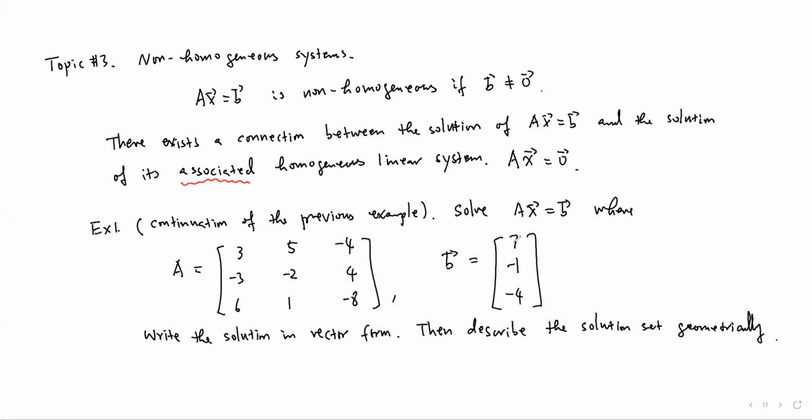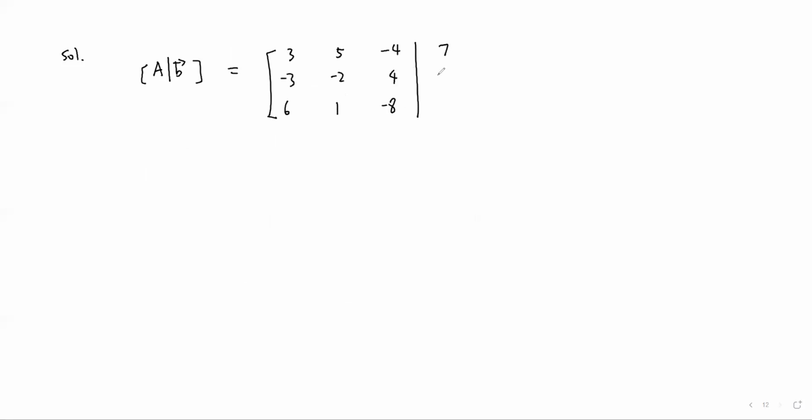The coefficient matrix is (3, 5, -4), (-3, -2, 4), (6, 1, 8). Now the right side is 7, -1, -4.